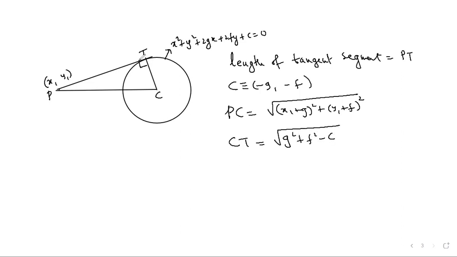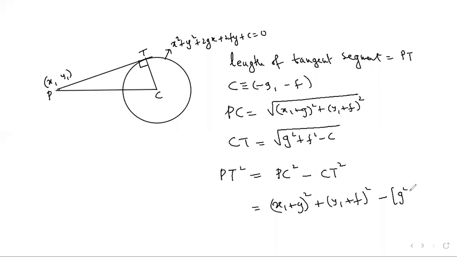So this is a right angle triangle. So PT square is PC square, the hypotenuse, minus CT square, which is (x1 plus g) the whole square plus (y1 plus f) the whole square, minus (g square plus f square minus c).